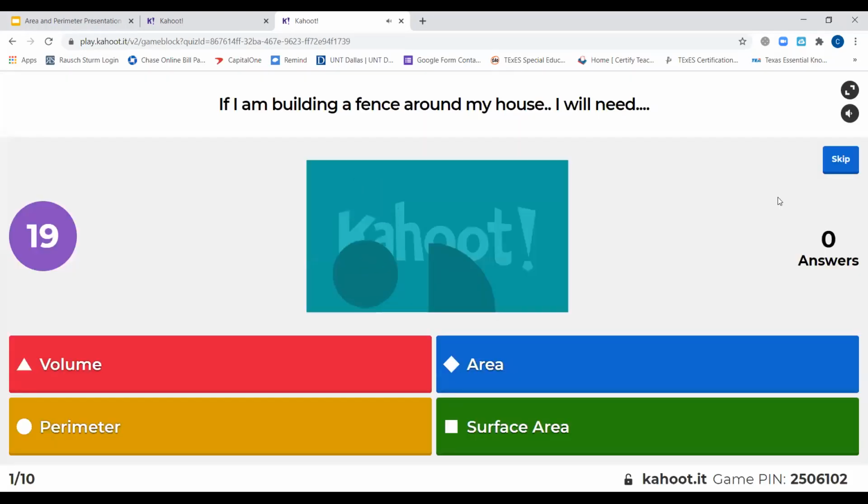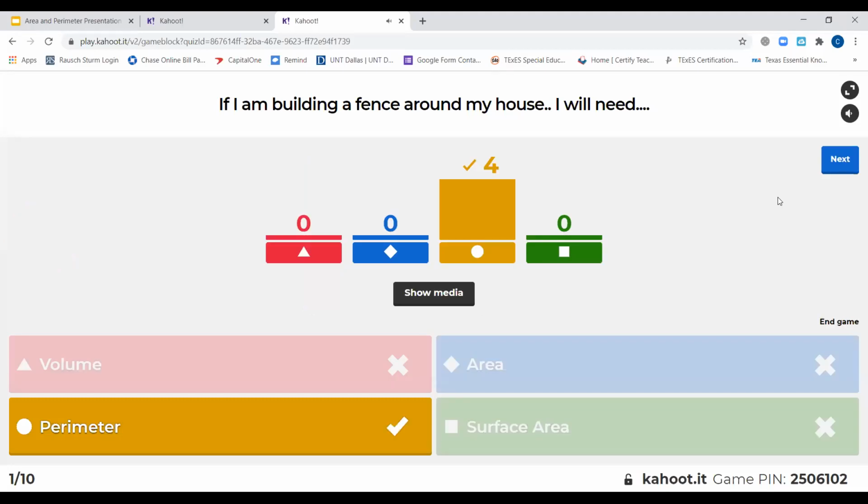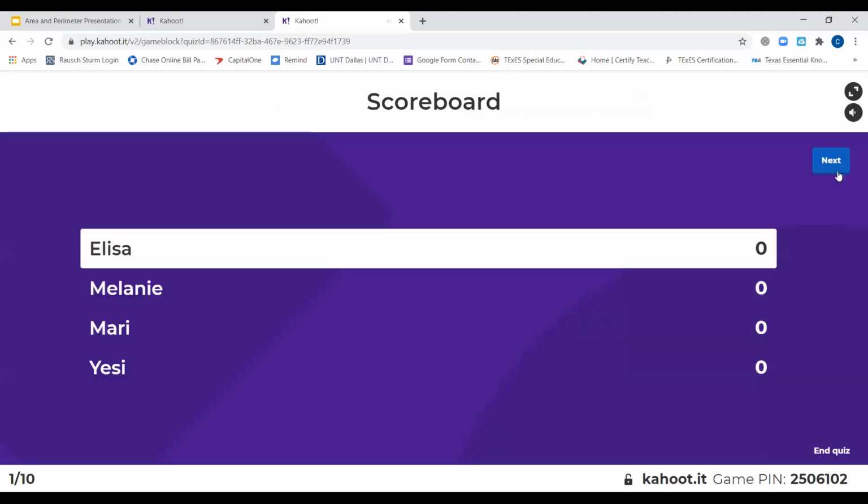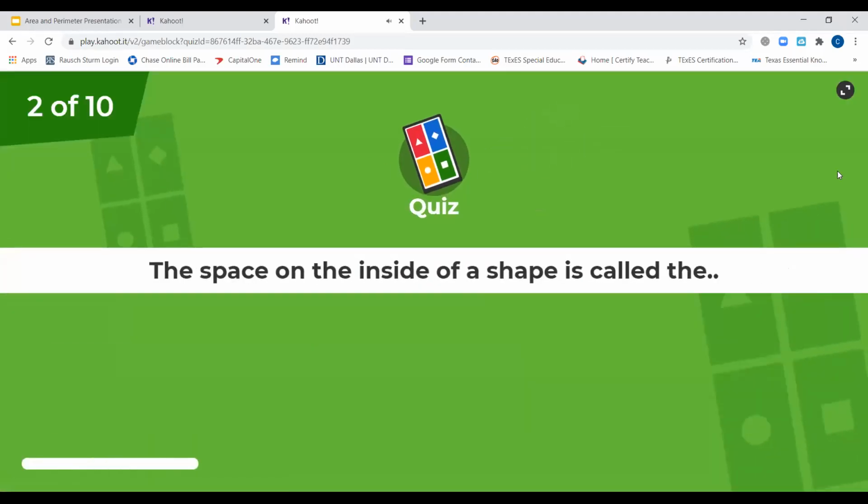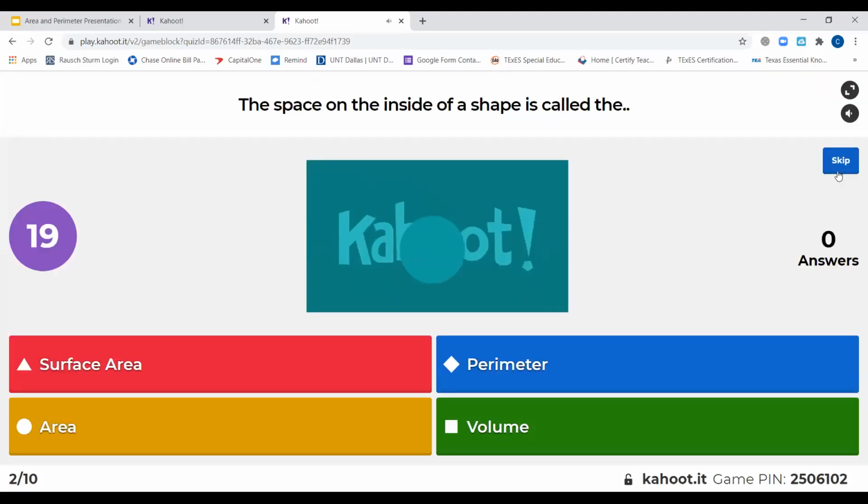If I'm building a fence around my house, I'll need... The space on the inside of the shape is called what?